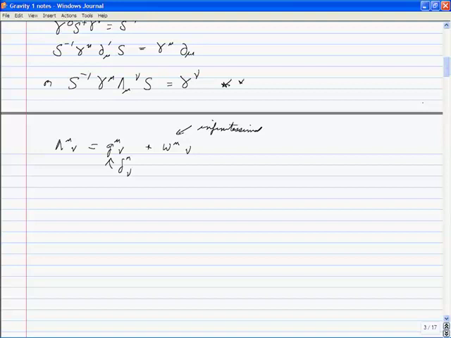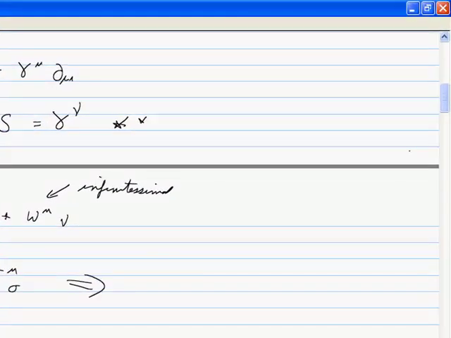The condition of Lorentz invariance, Λ^μ_ν Λ^ν_σ = δ^μ_σ, if you work at it a little bit and do this expansion, tells you that ω^μν, with everything upper, is antisymmetric. And it's real.